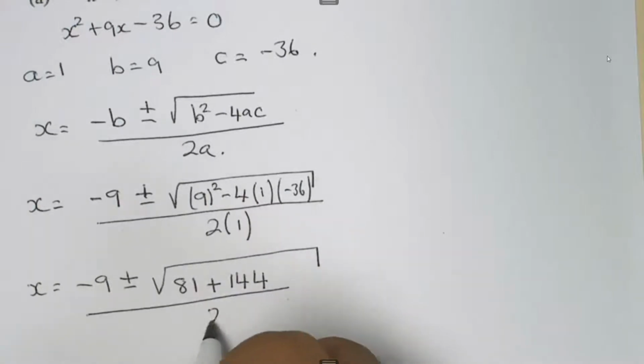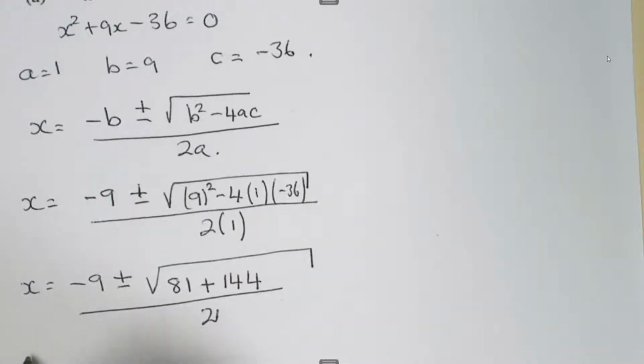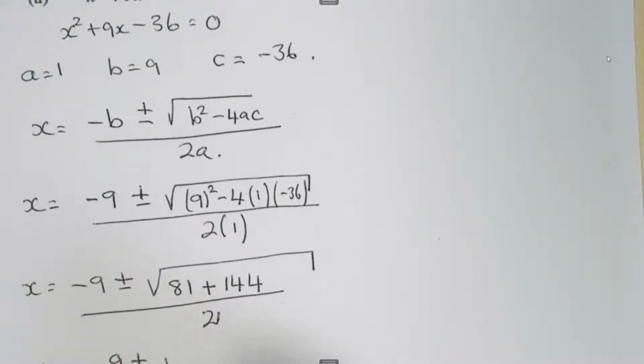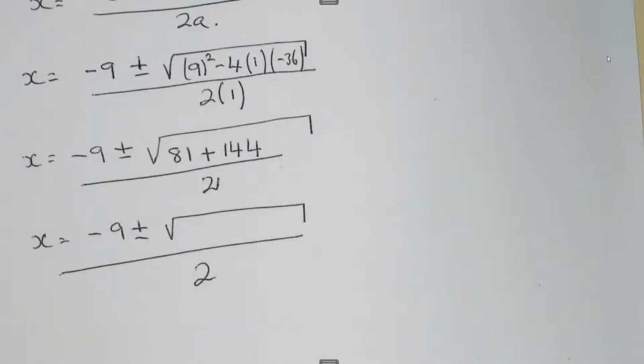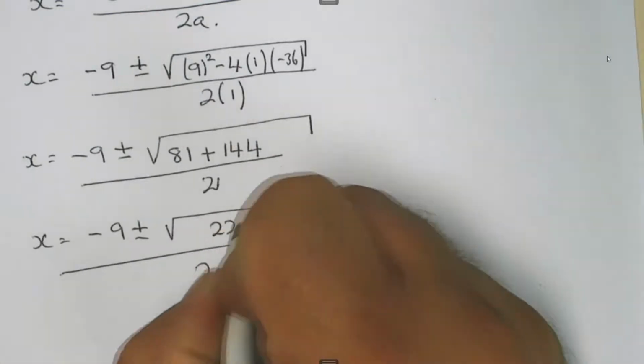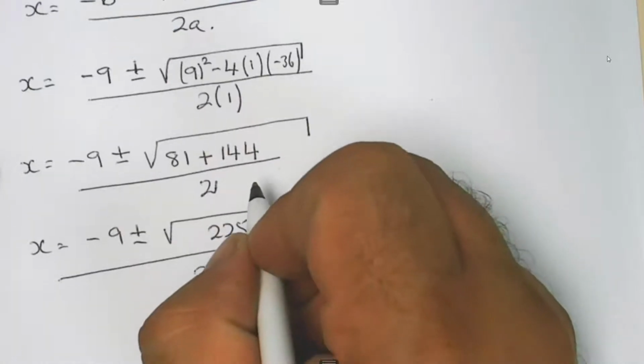Divided by 2. So x is equal to negative 9 plus or minus the square root of 81 plus 144. So 144 plus 81 is equal to 225, and the square root of 225 is 15.